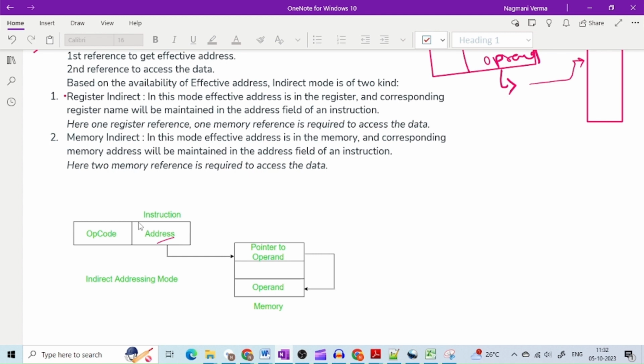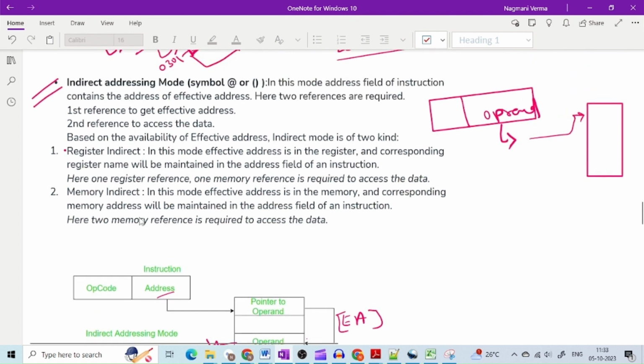So this is the effective address, and from here we are finding the data, that is the operand. In this case we see that there are two cycles from the memory. One is to find the effective address, the second one is to find the data. So there are two cycles in the memory.